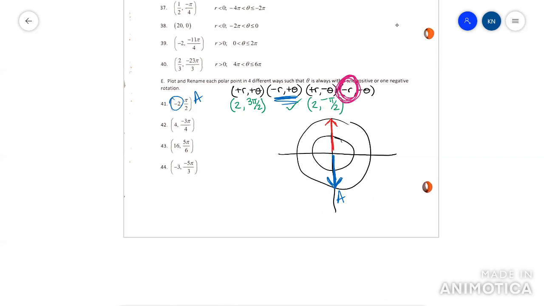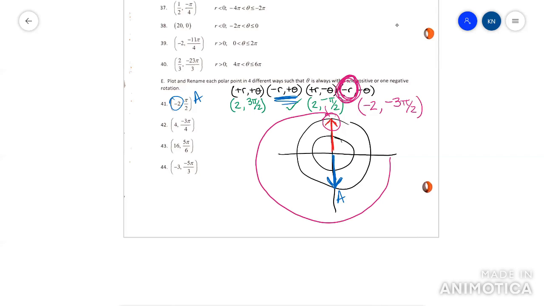So when they say -r, I'm aiming for the opposite location. And this -r would automatically be a -2. But now I need the negative theta, the negative angle rotation, to get to this opposite. Well, this amount right here would be -3 pi over 2.